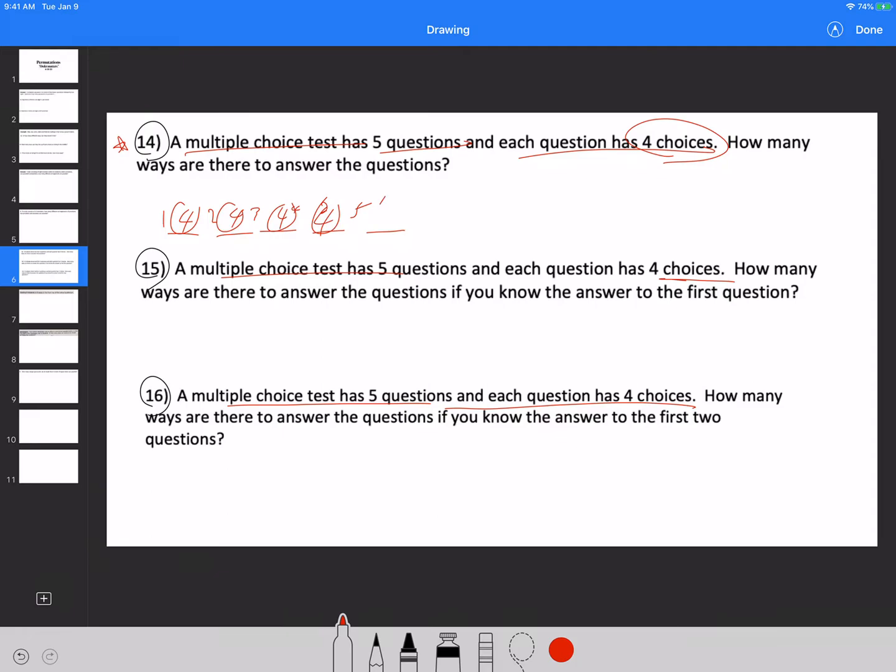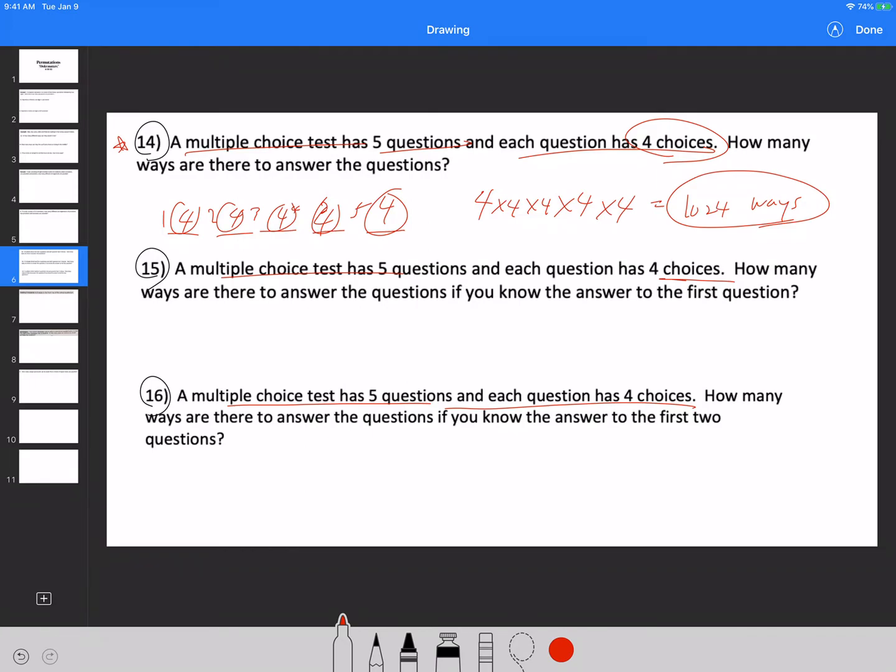And so it's really just going to be 4 times 4 times 4 times 4 times 4, which if you type it in your calculator, I believe what you're going to get is 1,024 ways. Okay, so that is the regular standard way to answer 5 questions that have 4 answer choices.